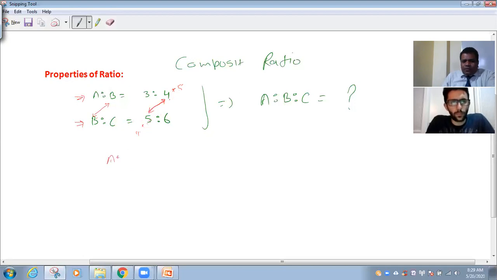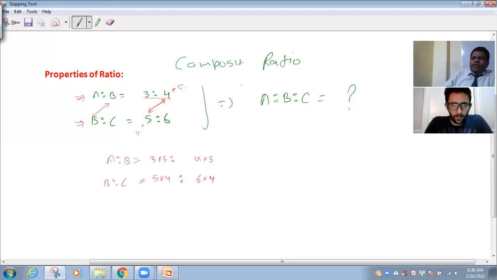So the new ratio has the entire thing multiplied by 5: 3 into 5 is to 4 into 5. And the second one is multiplied by 4: 5 into 4 is to 6 into 4. Here I'm multiplying by a constant term, so the ratio remains unchanged.